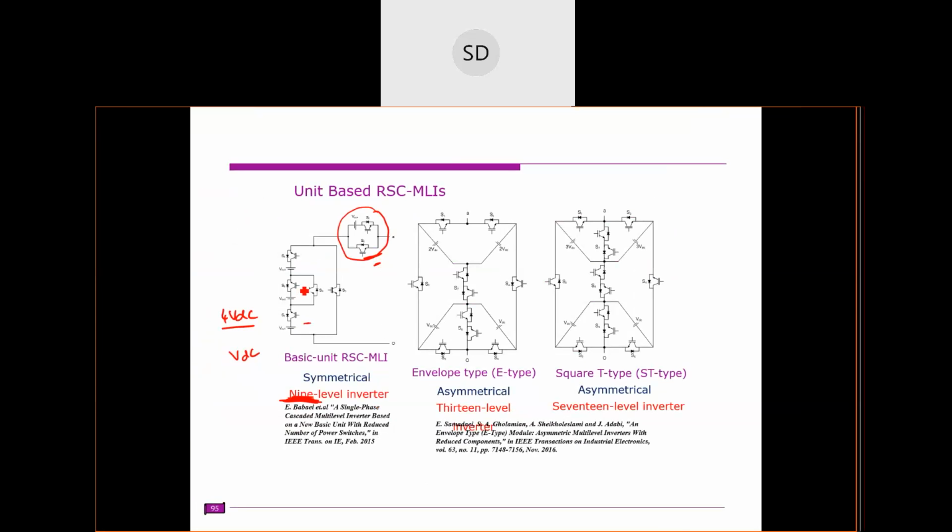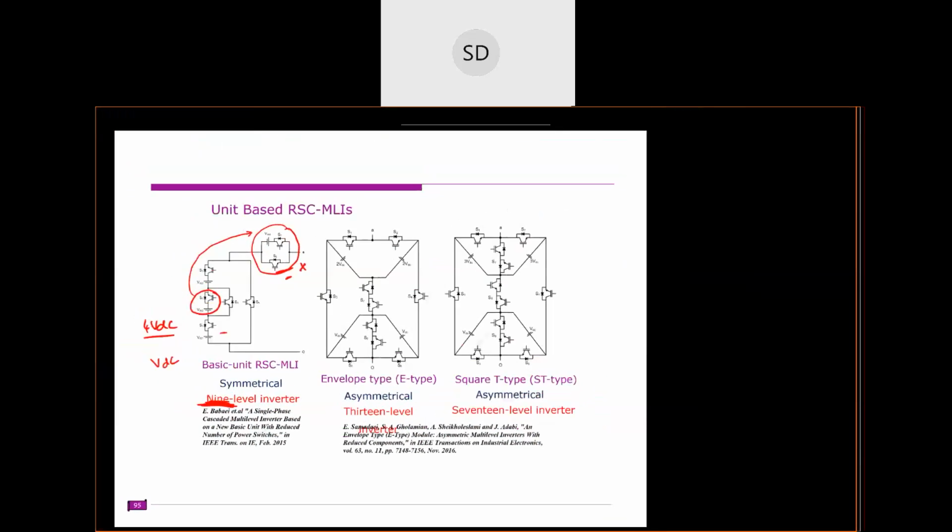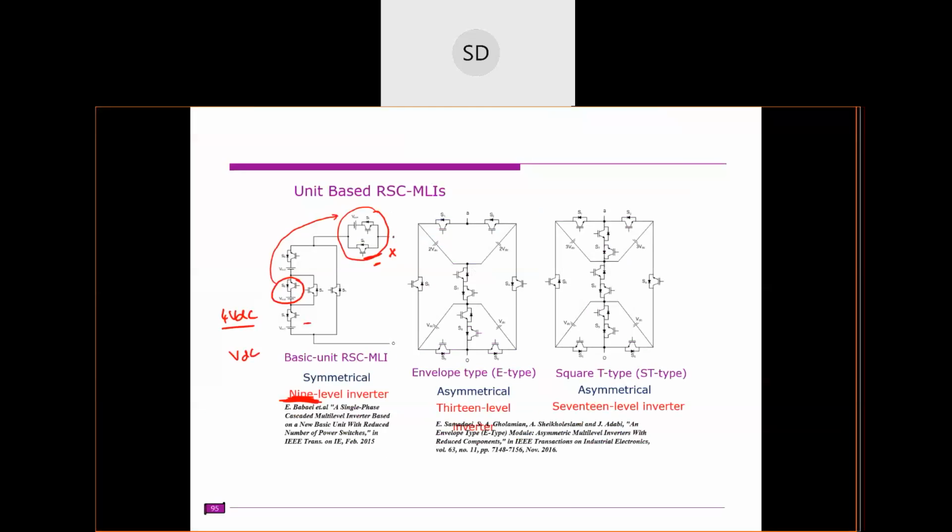Whatever the voltage here, that same voltage will represent this one, because without this, you cannot get a VDC.